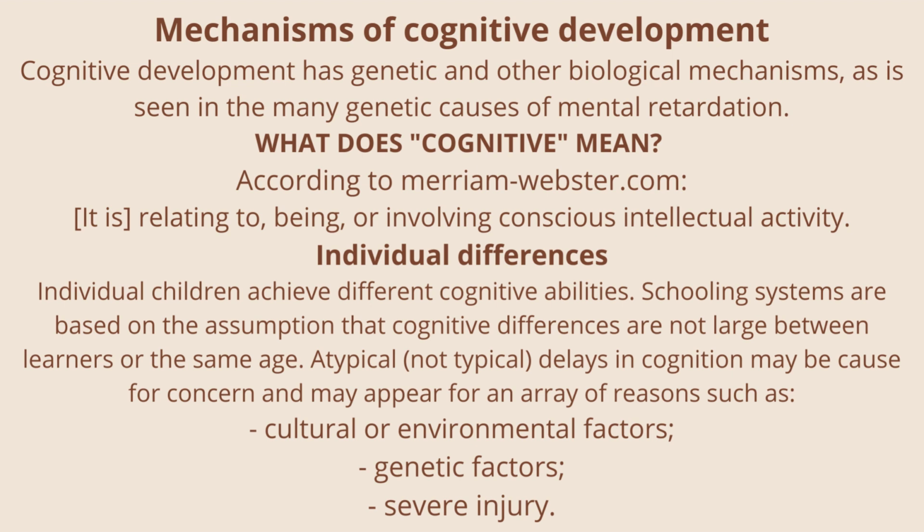So we base that on the assumption that according to your age group, you should have reached certain cognitive milestones. Atypical delays in cognition may be cause for concern and may appear for an array of reasons such as cultural or environmental factors, genetic factors, or severe injury.